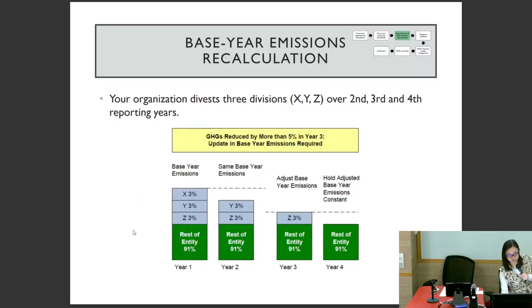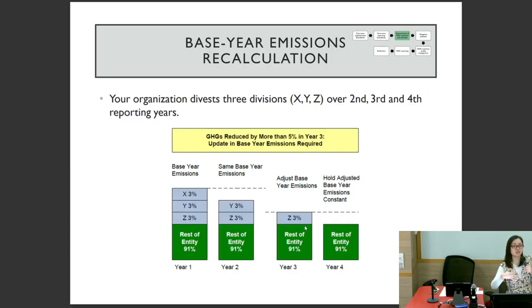Another example: in year 1, this is the base year emissions, 100%. And then in year 2, less X. Maybe this facility X doesn't belong to this company anymore, maybe sold to another company. And the difference is only 3%, not significant. And then in year 3, this facility Y is sold to another company, then the difference would be 6%. So in year 3, this would be the new base year emission.